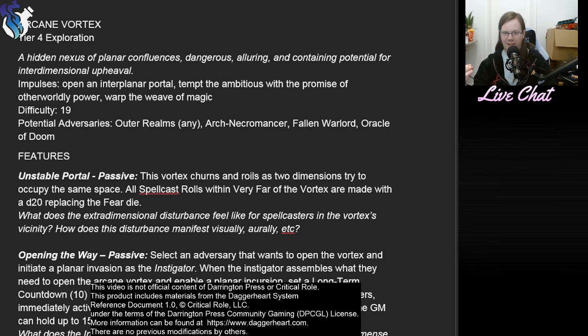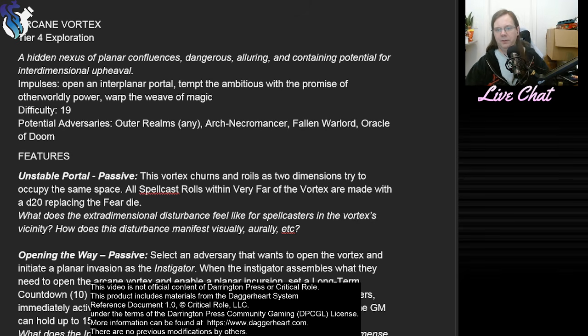If opening the way is giving the GM that bigger fear cap as part of an endgame or final arc narrative situation, this gives the GM more ability to bank fear and then probably do several big things with it.